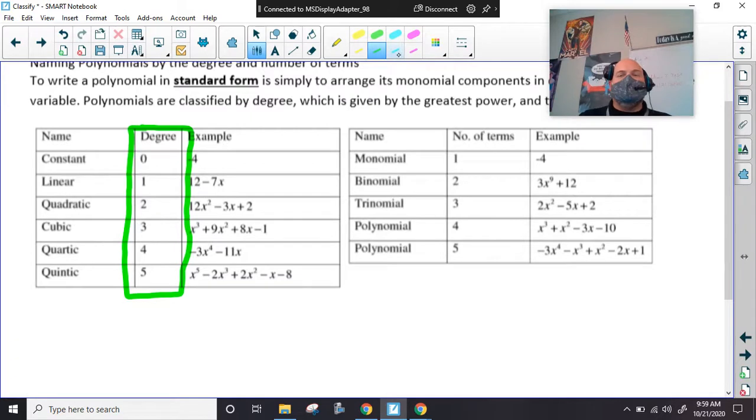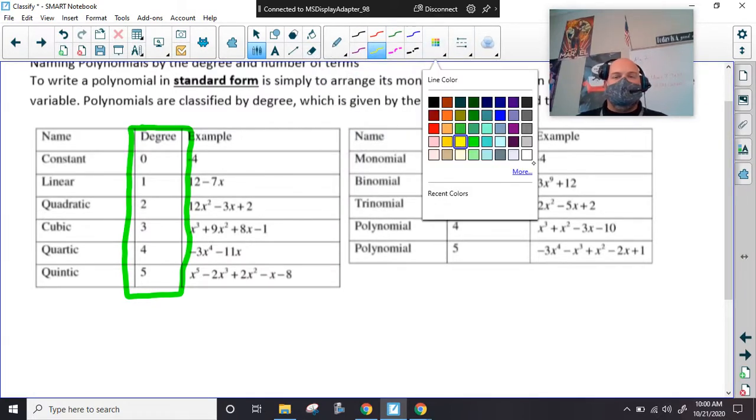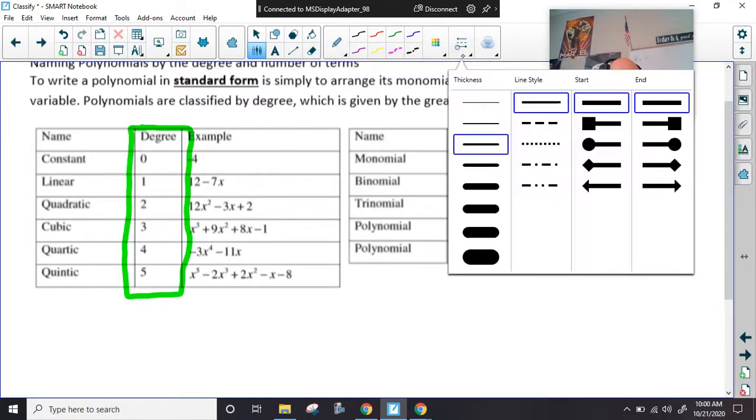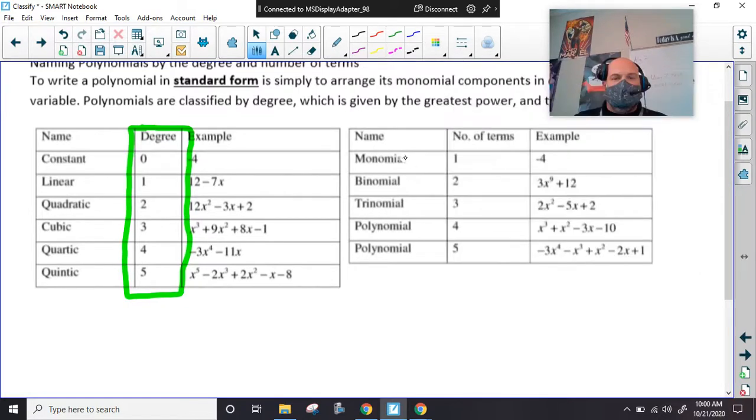Now, the other part is how we name its number of terms. On the number of terms, all you have to know is mono, bi, tri, and poly.